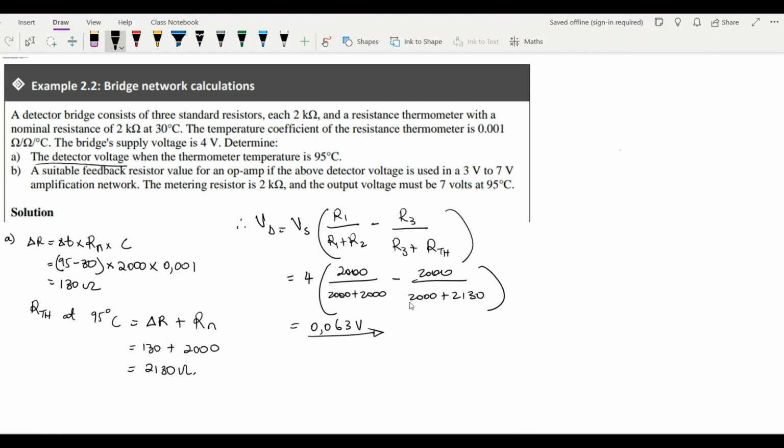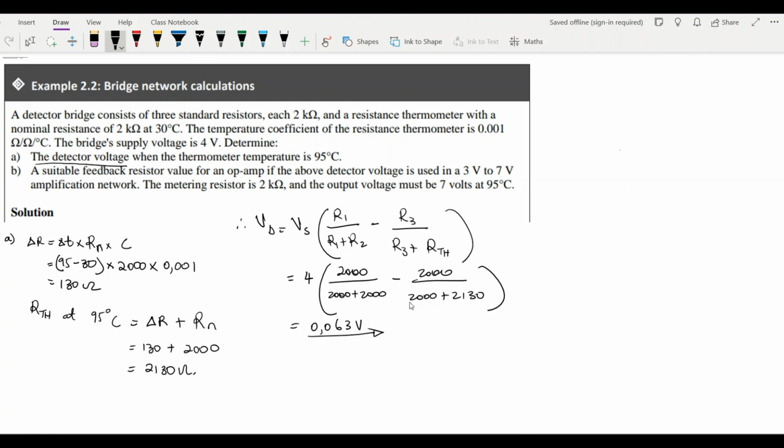Obviously, we would use the maximum voltage at that amplification network. And here we're given that the metering resistance in this case, which is RM, is a metering resistance. We could also use RM as an input resistance, Rin, and the output must be 7 volts at 95 degrees Celsius.